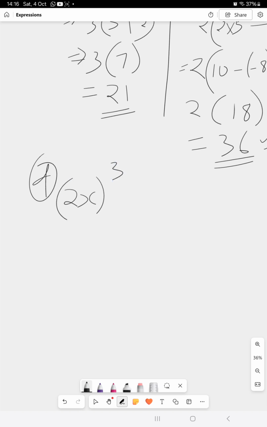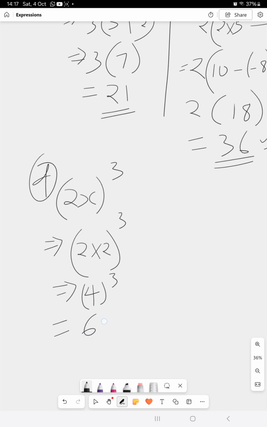Remember, x is 2, so it is the same as 2 multiplied by 2, and this one cubed. And this simply means it is 4 cubed. And this gives you 4 times 4 times 4, which gives you 64. As simple as that.